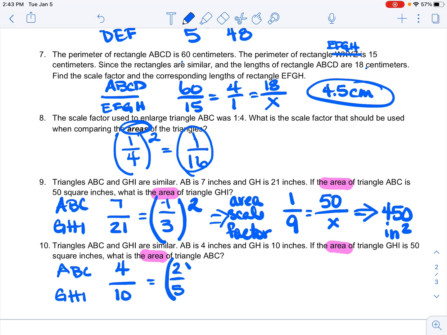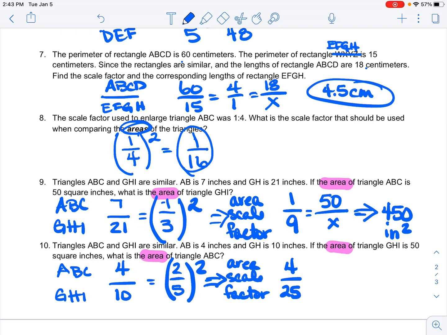So we have to square the scale factor in order to find the area scale factor. So 2 squared is 4 and 5 squared is 25. This is the scale factor we can use for the area.